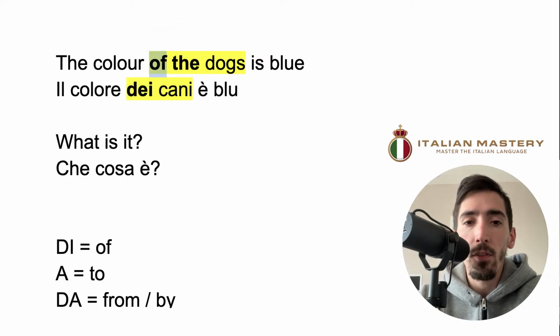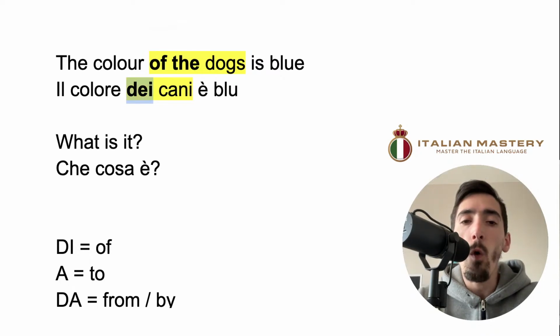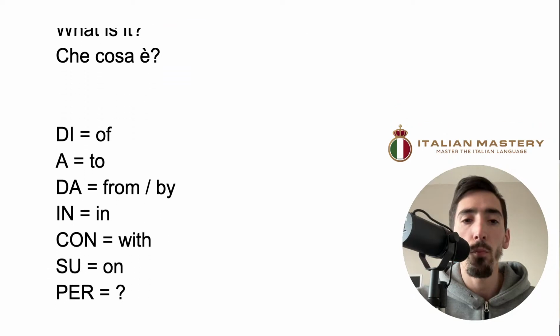We have the preposition and the article all in one word. And this happens all of the time. You know, 9 times out of 10, Italians don't use prepositions unless they have to.